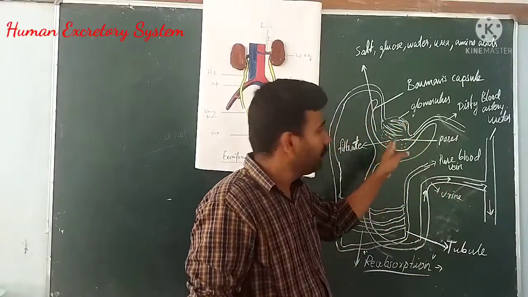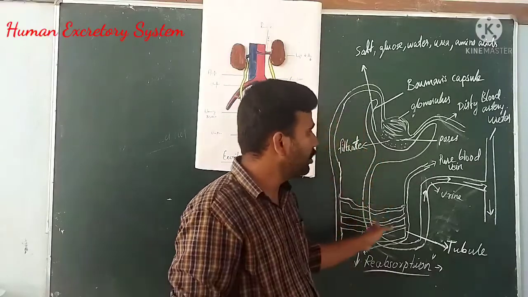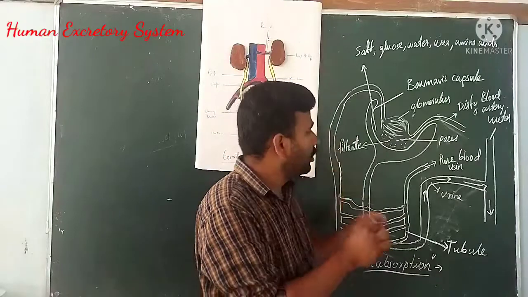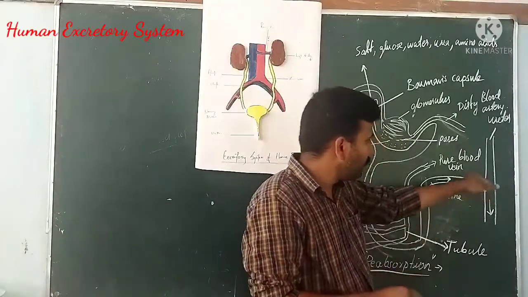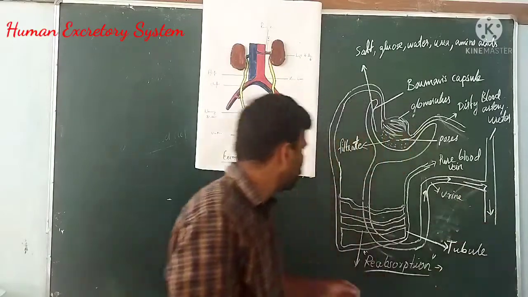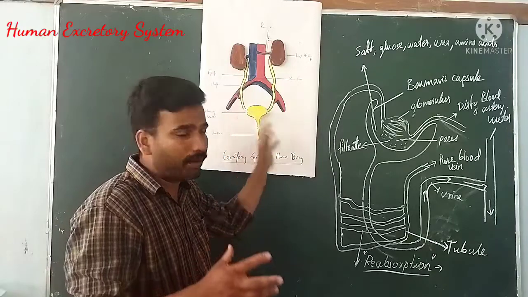From every Bowman's capsule, the filtrate, that means the urine, goes through the minute subdivisions of the ureter, and finally it reaches the ureter and then the urinary bladder.